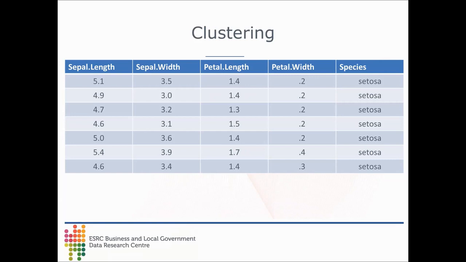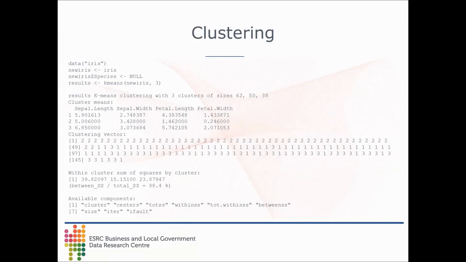It's a way of getting people to understand how R works. So again, I am loading this data. I'm doing that again by using the data function. I'm reassigning iris to new iris, and I'm doing some pre-processing. I'm setting blank species to null.